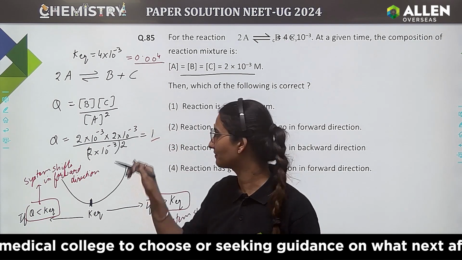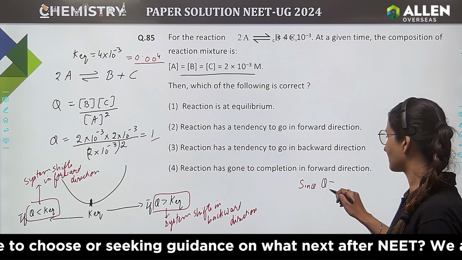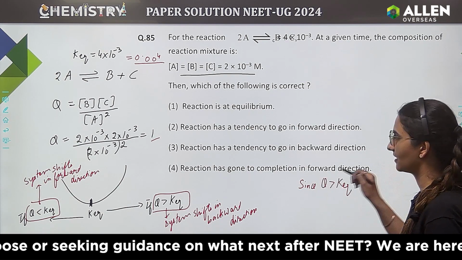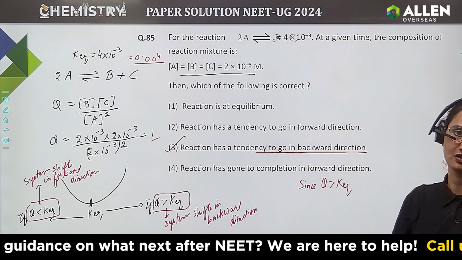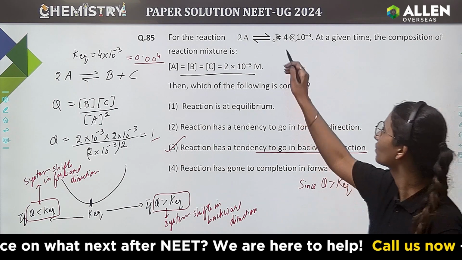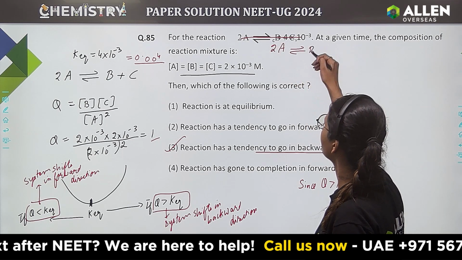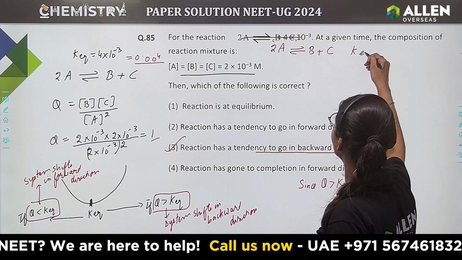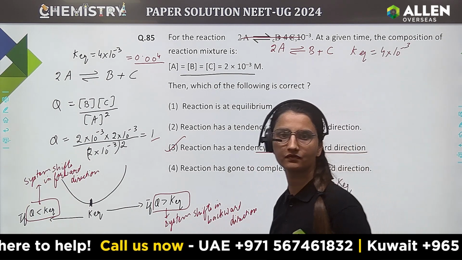What is greater? 1. So, since Q is greater than K equilibrium, it has a tendency to go in the backward direction. Got it? Don't get confused. This reaction is 2A in equilibrium with B plus C, and K equilibrium is 4 into 10 raised to power minus 3. Simple, right?